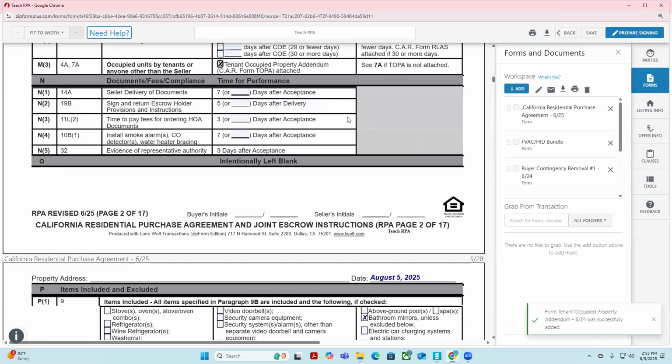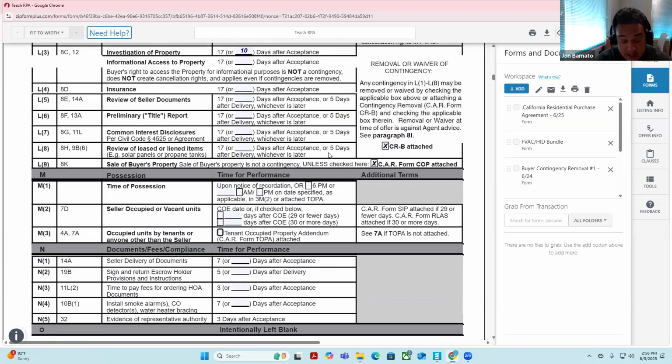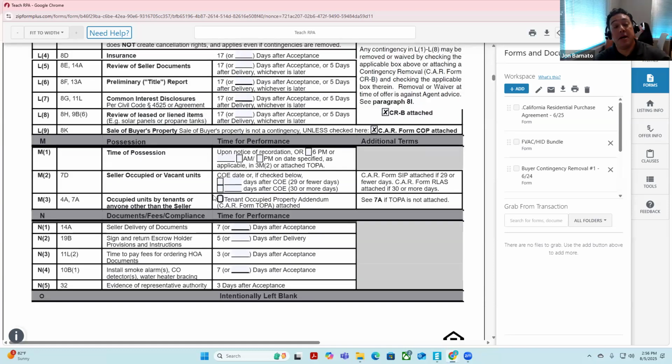Just based on that last agent's question, I had a property where I was a listing agent, and gratefully I put in there that the sale of that property was contingent on identifying and closing on another property. So there is another form. I haven't thrown it in there, but there is another form.